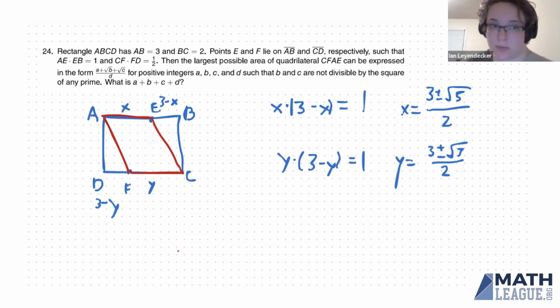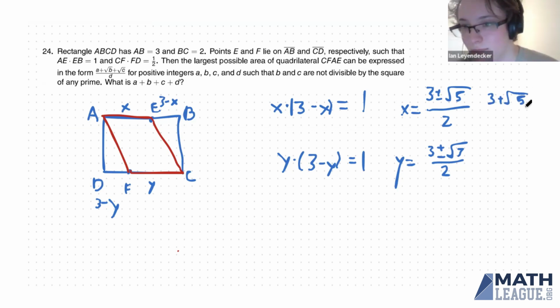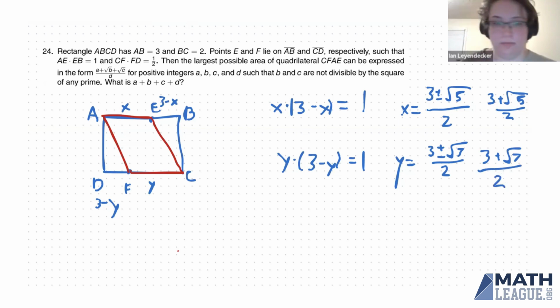So instead of the plus or minus, we can erase that. So X equals 3 plus root 5 over 2, and Y equals 3 plus root 7 over 2.